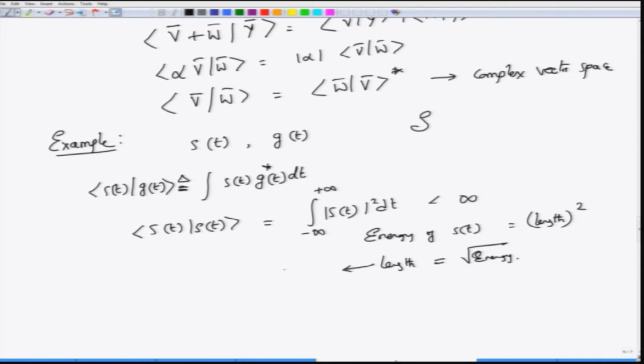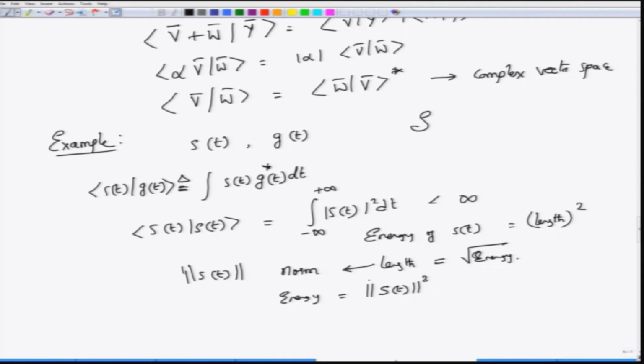This length is called the norm in vector space theory or signal space theory, and this norm is denoted by writing two lines like this around s(t). Therefore energy is basically norm square, norm itself being the length. I hope these connections are clear.